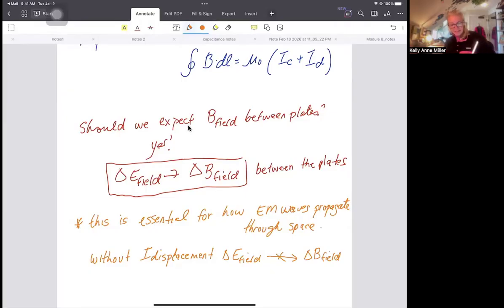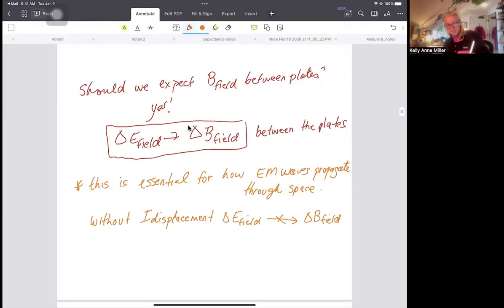And this would break the chain of EM wave propagation. So displacement current seems like a weird construct, but its existence allows the connection between electricity and magnetism not to break down. Okay.